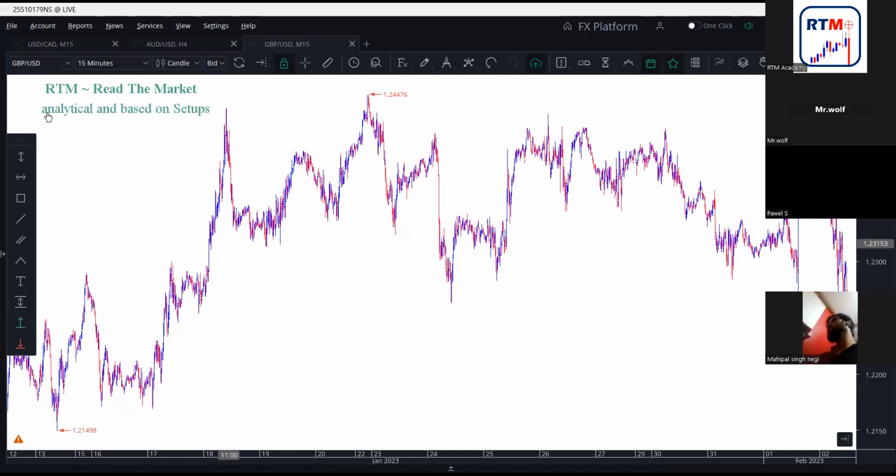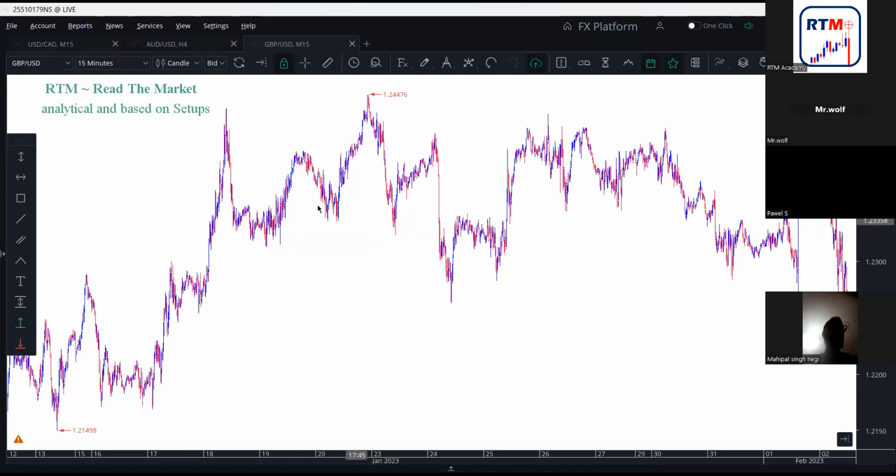In analytical RTM, we look for orders. In other words, we track orders in order to find a place which has a high liquidity zone, and we put our order on that zone. But the analytical way of trading in RTM is really, really hard, because you will face lots of contradictions, and you should identify the reason for all highs and lows and the price movement.